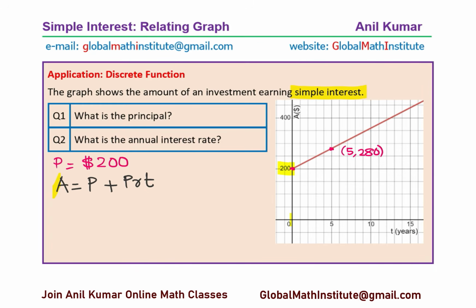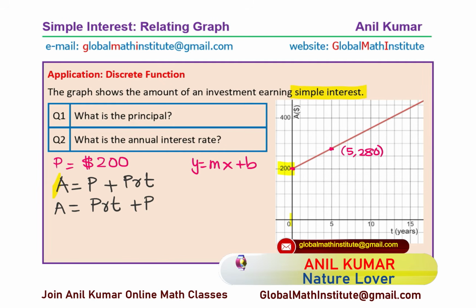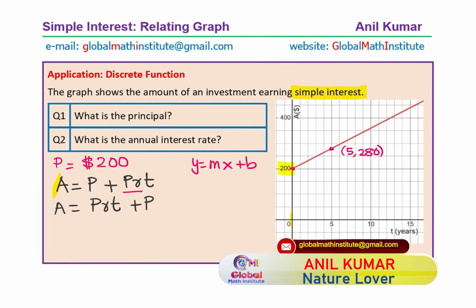Now this equation does remind us of what? You could rewrite this as PRT plus P, right? So this is similar to the equation y equals mx plus b. So b, the y-intercept, here is the intercept for the amount invested, and PR should relate to the gradient or the slope.